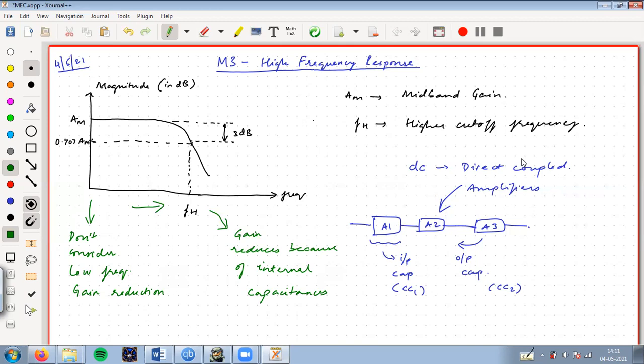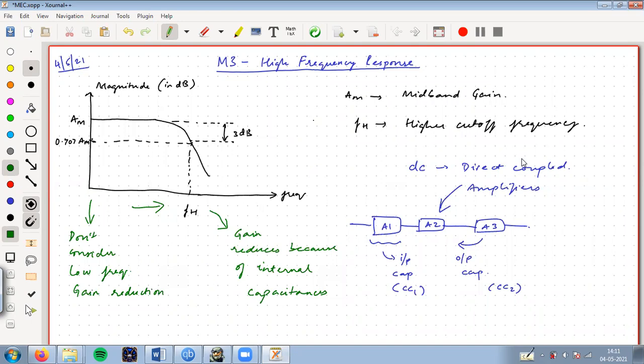These are some of the internal capacitances which come into the picture, especially at high frequencies. At high frequencies, these internal capacitances no longer act as open circuits. They start behaving as somewhat short circuits. So they provide some unnecessary paths for the current to flow, and obviously you will have some gain reduction.